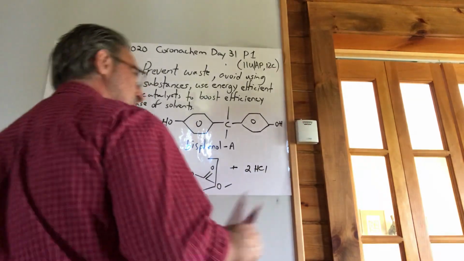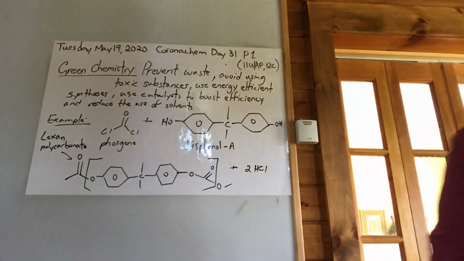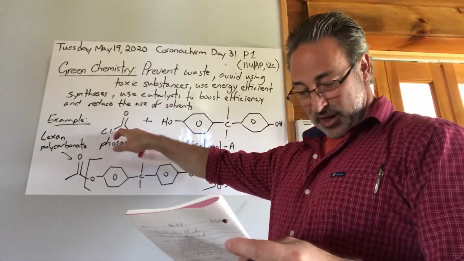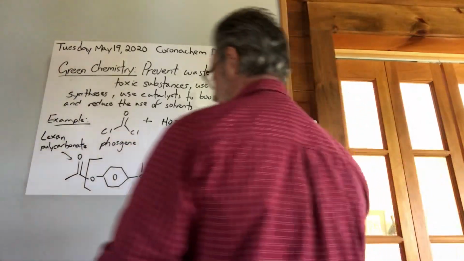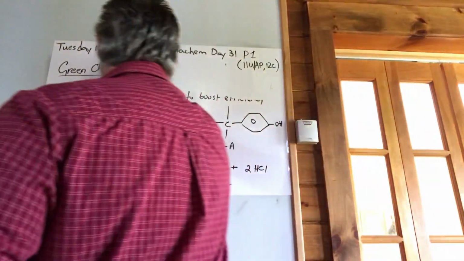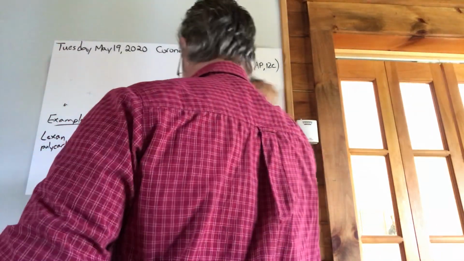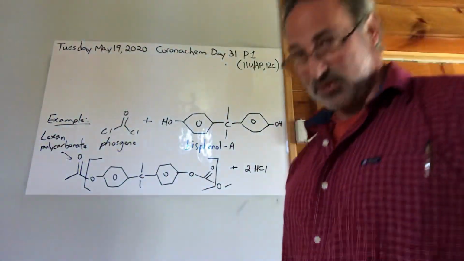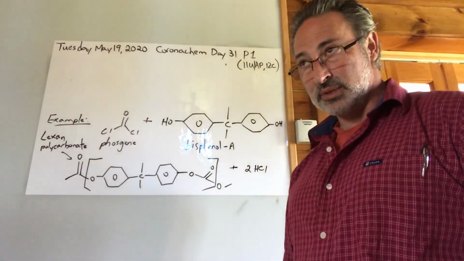Now, you could make the same chemical if you replace this molecule with something called dimethyl carbonate. And dimethyl carbonate, the green version of that. Now, it's not always as ideal as you might think, because replacing phosgene with dimethyl carbonate won't necessarily give you the same yield.